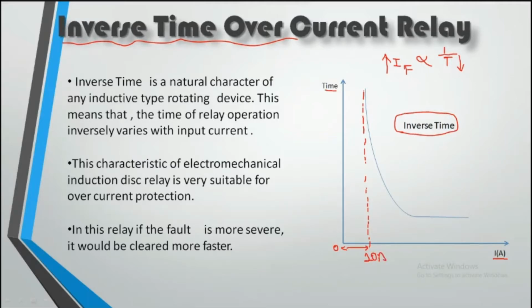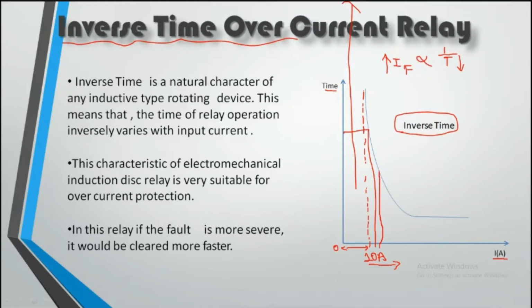Up till 10 ampere, if the current is between 0 and 10 ampere, the relay will not give any tripping signal, as the time of operation here is going towards infinity. As the current's value increases from 10 ampere, for the starting period the operation time will be somewhat larger, right?